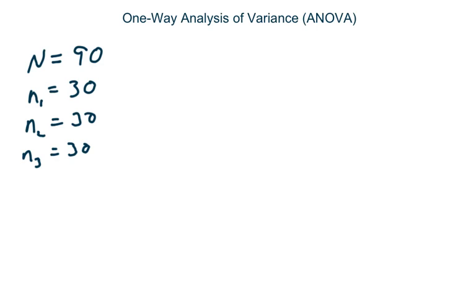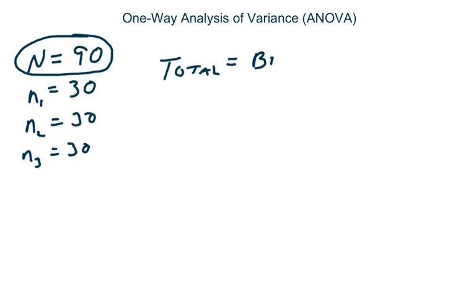Now, if I just gave you a sample of 90 scores and had you calculate the variance, this is what we're going to call our total variance. And total variance would be the variance score from all 90 individuals. But we can actually break that up into 2 things. We can break that up into variability between groups.